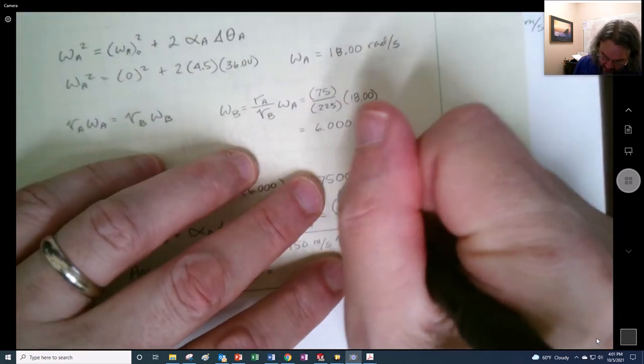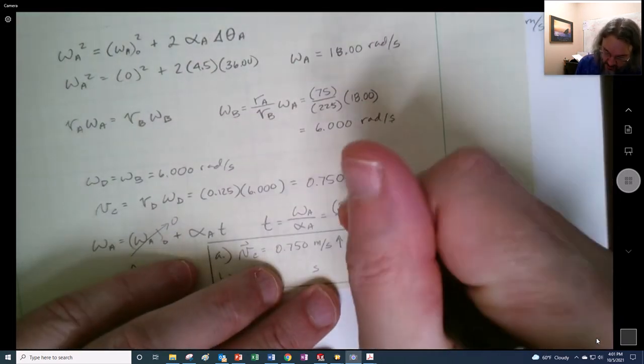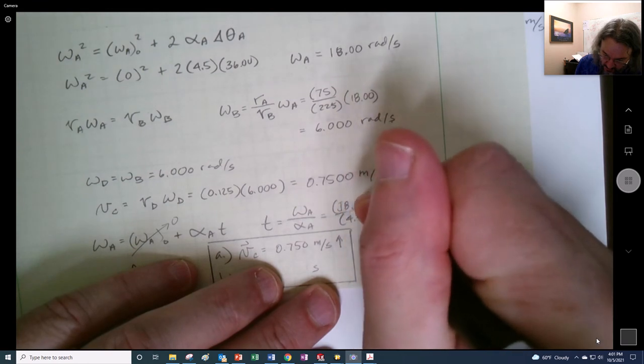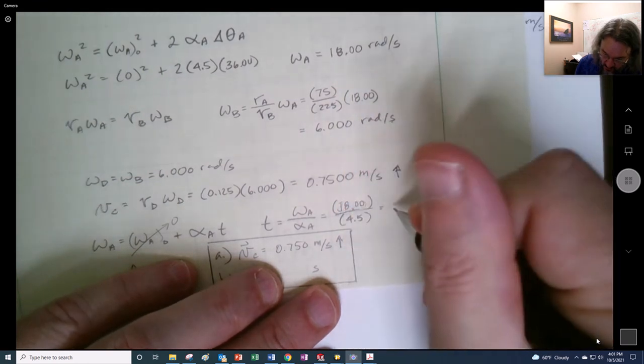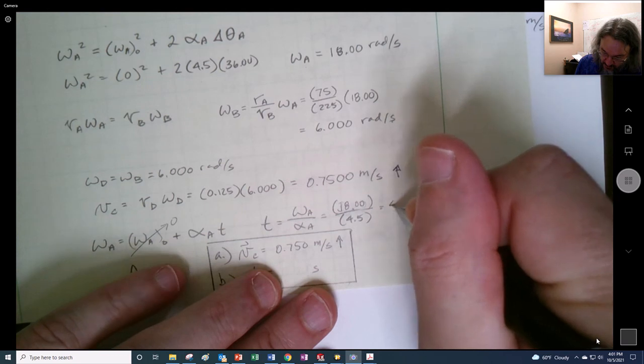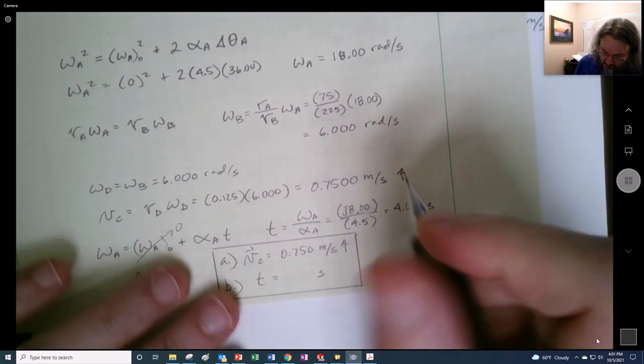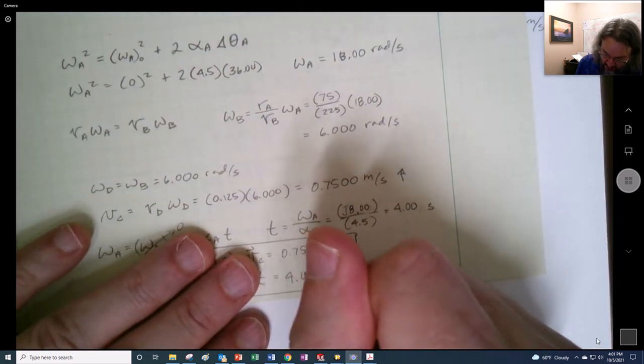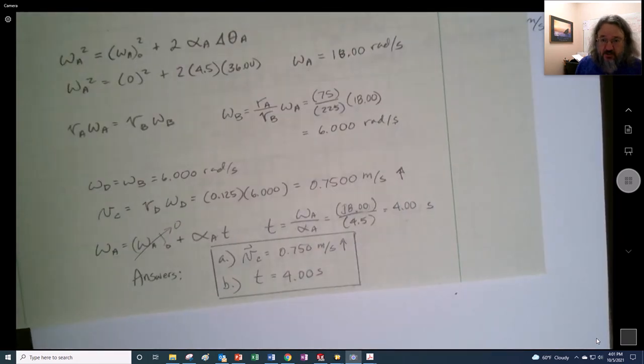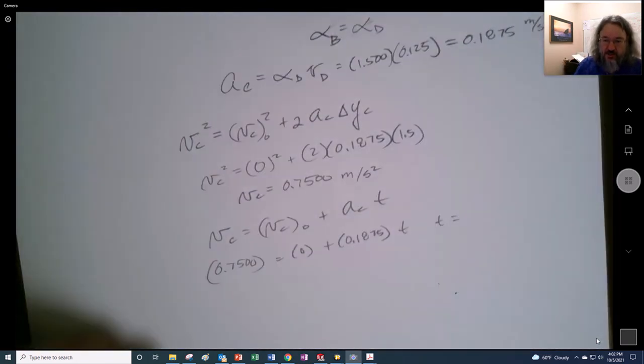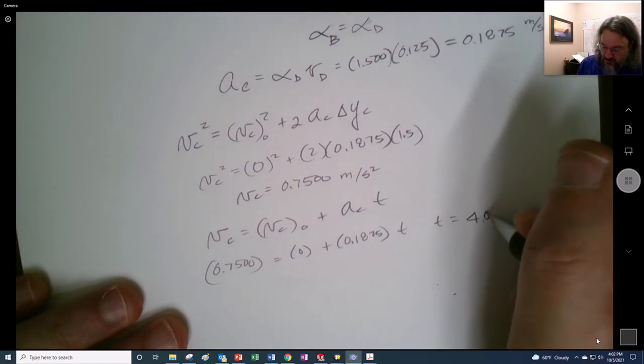This is why you try to check yourself with some other method. And so that should be 4 seconds. I felt like I was doing something wrong. Just had a nagging suspicion. So anyway, that should be 4 seconds.